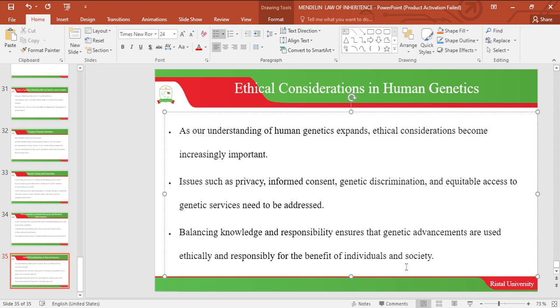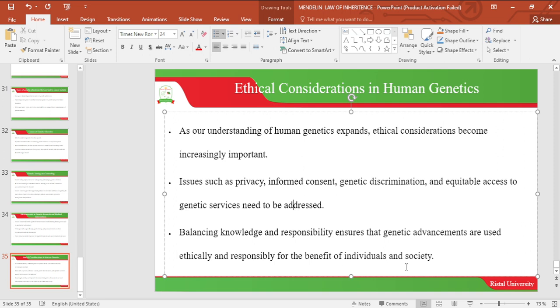In summary, we defined Mendelian inheritance and its laws. We looked at the types of inheritance and their examples. We looked at pedigree analysis, non-Mendelian patterns of inheritance for single gene traits, and various examples.